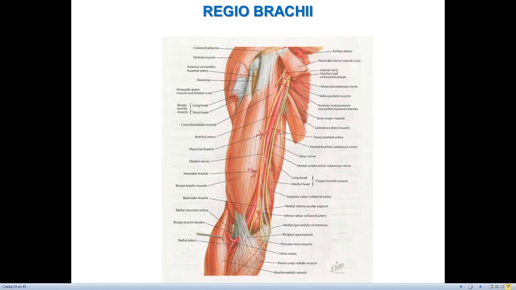Brachial region. The superior border is formed by the line which connects pectoralis major and latissimus dorsi muscle.